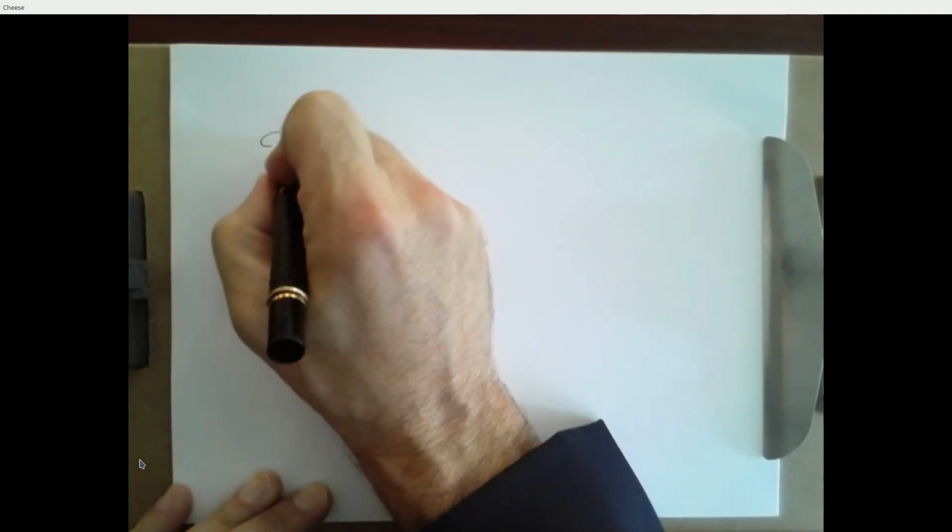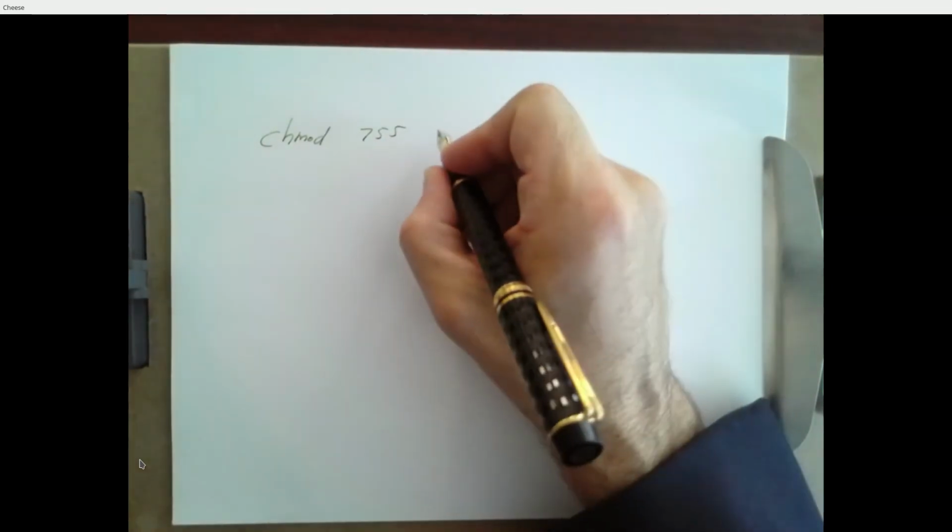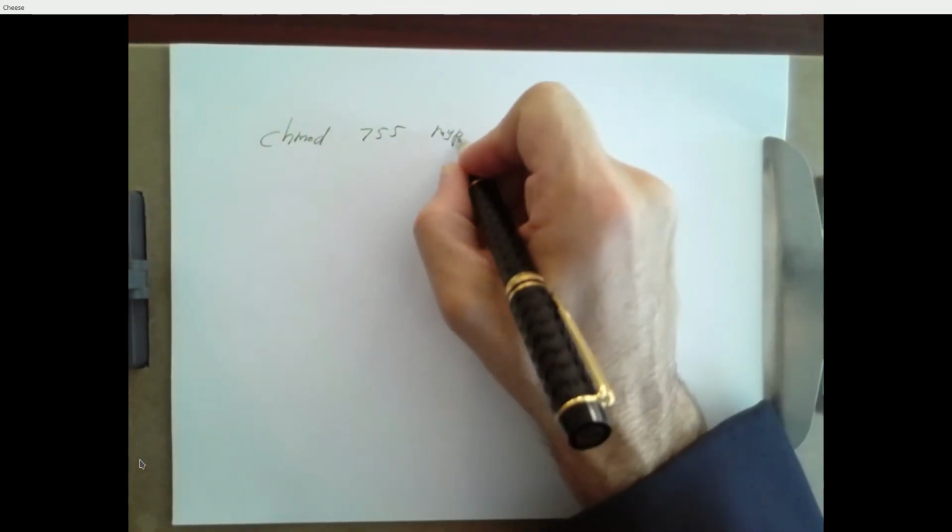So there's a peculiar Unix command we need to know, which is chmod. And for now, all you got to know is chmod space 755 space and whatever the program name is.